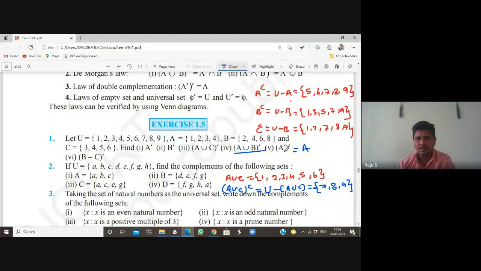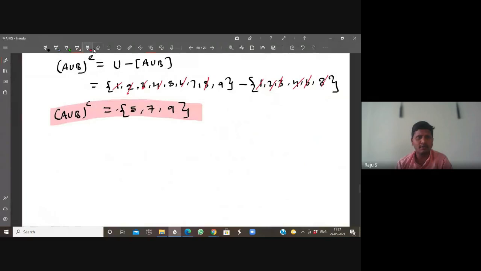Clear, students? Here A complement whole complement, we know that it is clearly A, but you should write properly. First you should find U minus A, you'll get A complement. Then for A complement whole complement, you can write U minus A complement. Write the proper steps. Next, B minus C whole complement. So first find B minus C. Write B elements minus C elements.